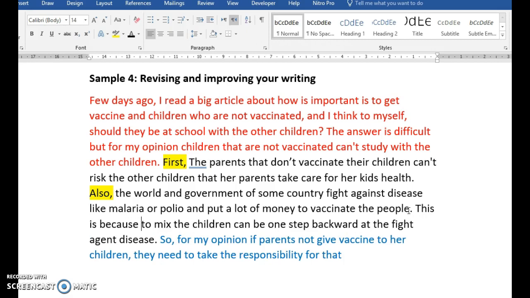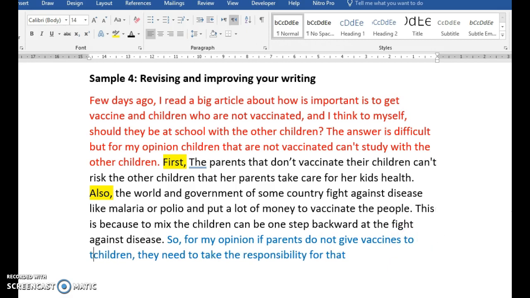To mix the children can be one step backward at the fight agent disease. Does that make sense? Fight agent disease. I think here against disease. So my opinion, if parents do not give vaccines to their children, they need to take responsibility for that, and we always end with a full stop.